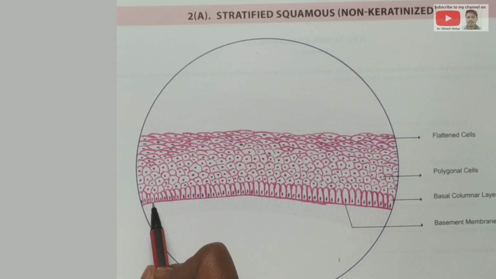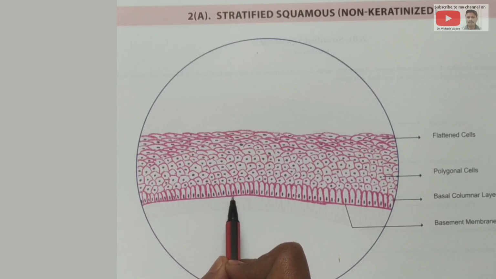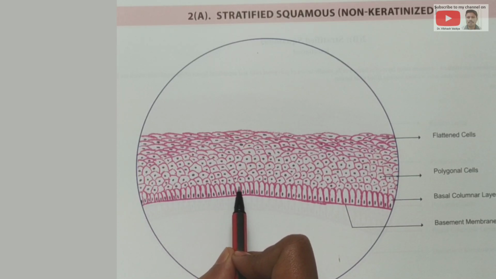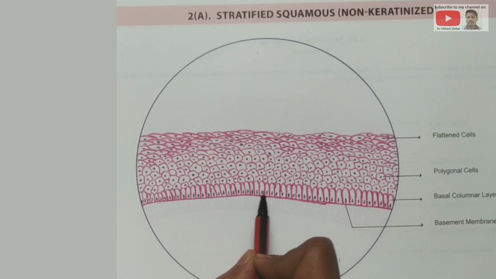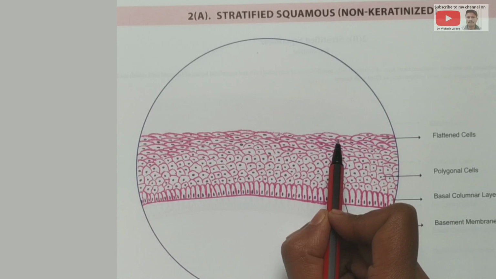You can appreciate here, this is the basement membrane, and over here this is the basal layer, which is tall cells, and these are the flattened cells present on the top.